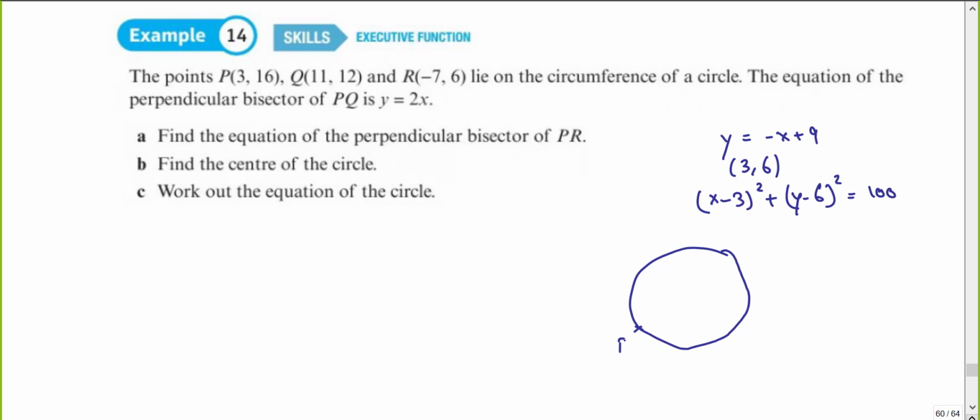This is R. Then we have P here. And we have point Q. Let's say point Q is here. Okay, so 3 points.